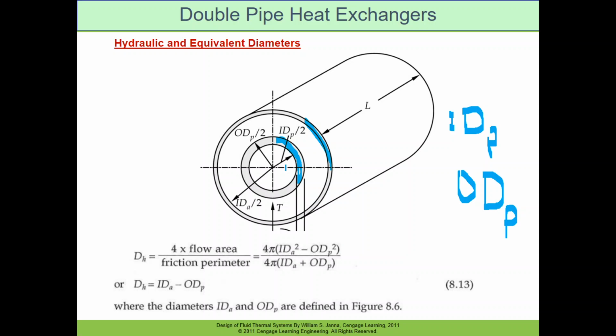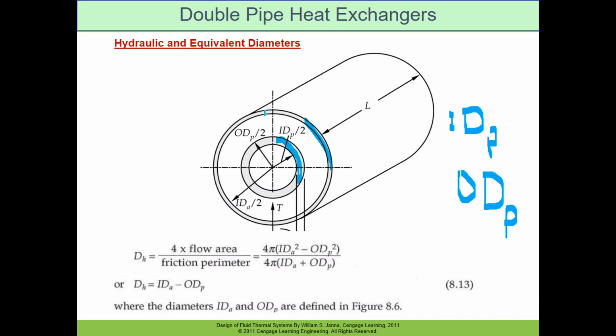So when we calculate the Reynolds number for heat transfer or friction calculations, this diameter will work as the hydraulic diameter. But here we have an annular space. For this space, what is our hydraulic diameter? It is based on the formula for the hydraulic diameter, that is 4 times the flow area divided by the friction perimeter.